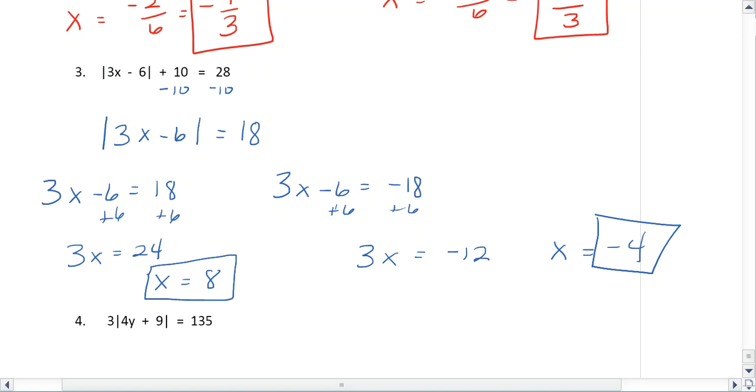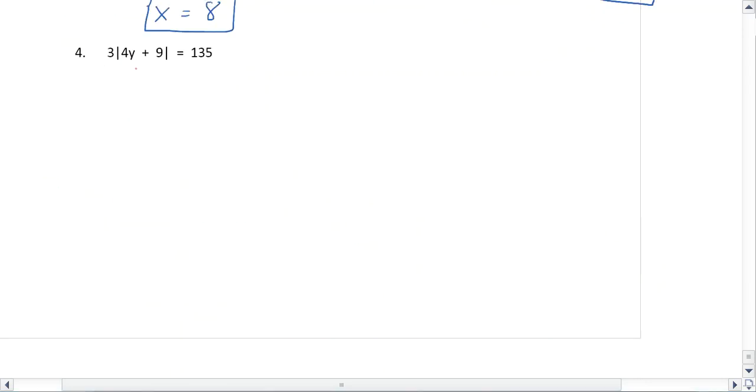All right, one more example here. In example 4, there's nothing to combine inside the absolute value, but it's not isolated because we have this 3 sitting here. So the first step we need to do to isolate the absolute value is divide both sides by 3.